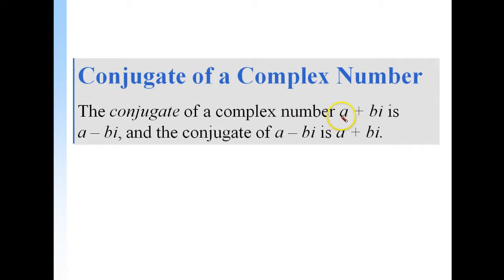Well, if this is our regular part, the conjugate of this is, again, the same terms, but a negative now. Okay, so this is the conjugate of this, and this is the conjugate of that. And let's see it in action here.